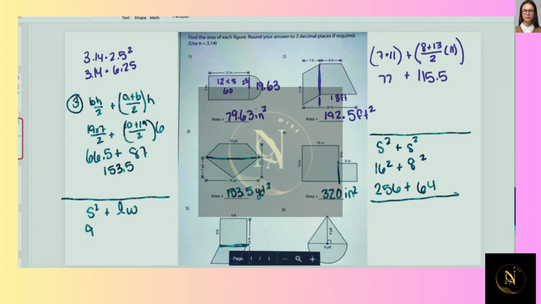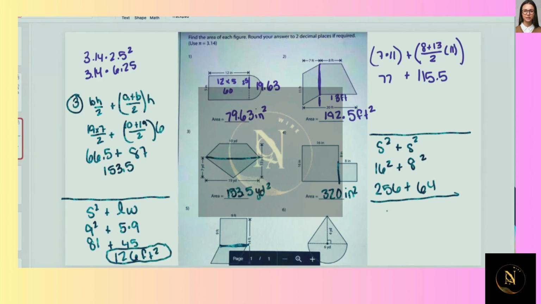So the square is 9 squared plus 14 minus 9 is 5. So 5 times 9. So 9 squared is 81 plus 9 times 5 is 45. So 81 plus 45 is 126 feet squared is the answer for number 5.